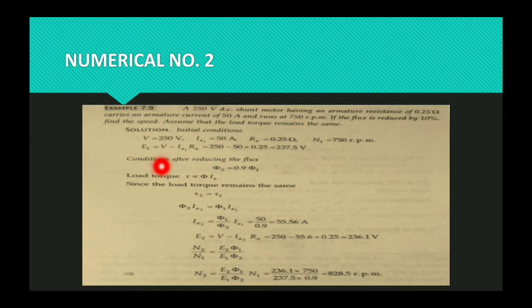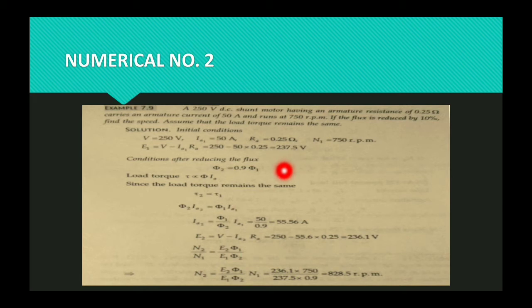And the back EMF, E1, equals V minus IA1 into RA. So 250 volt minus 50 into 0.25. So E1, the back EMF in the first condition, equals 237.5 volt. That is the first condition.